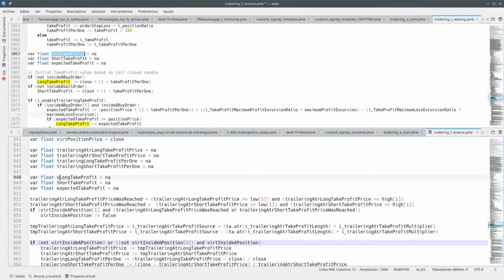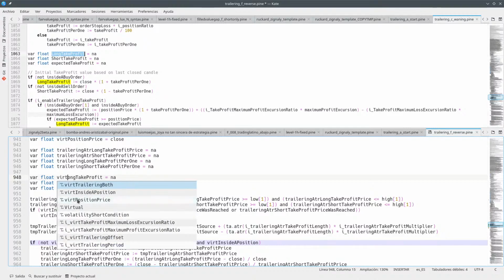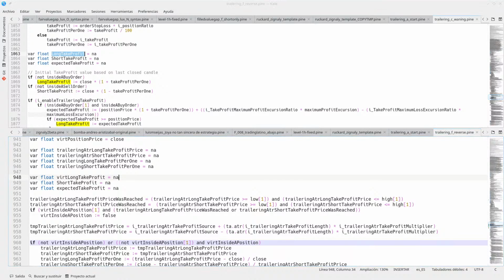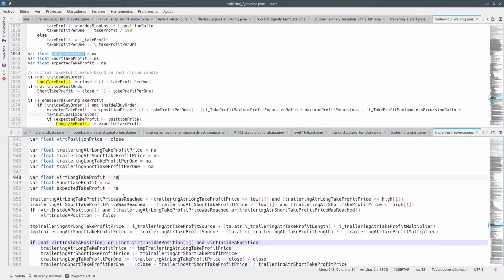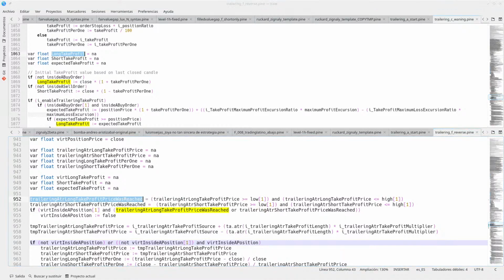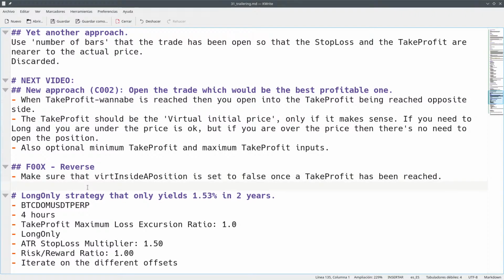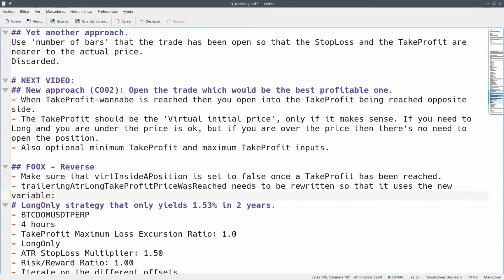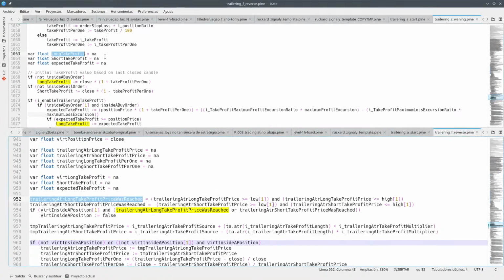So what you want, okay, let me write on my notes so that it needs to be rewritten so that it uses a new variable, virtual something something, which is the new variable.